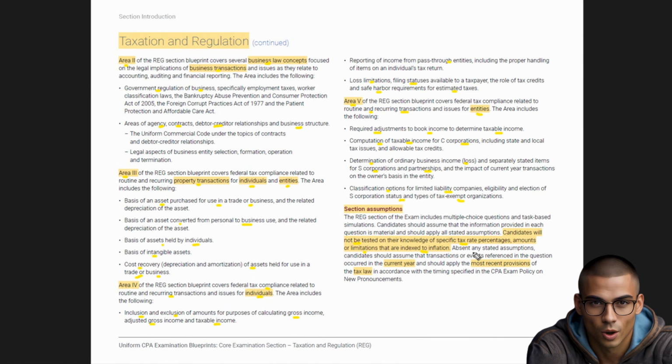What you do need to be aware of is that absent any stated assumptions, candidates should assume that the transactions or events that are referenced in a question occur in the current year, and they should apply the most recent provisions of the tax law in accordance with the timing specified by the CPA exam policy on new pronouncements. So make sure you understand that you are not going to be tested on specific tax rate percentages, amounts, or limitations that are indexed by inflation.